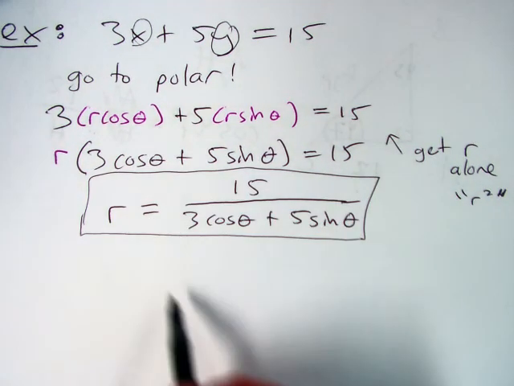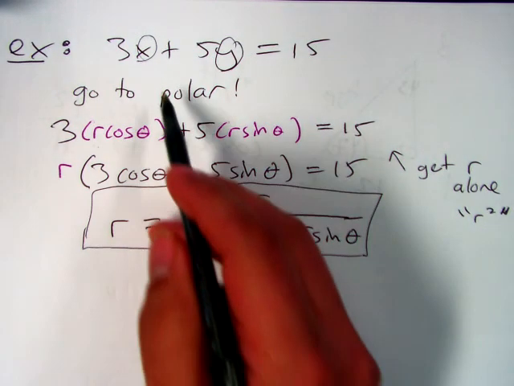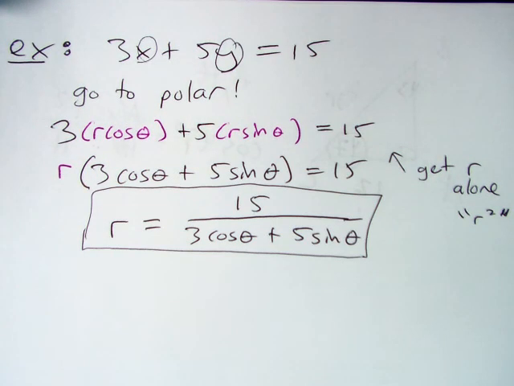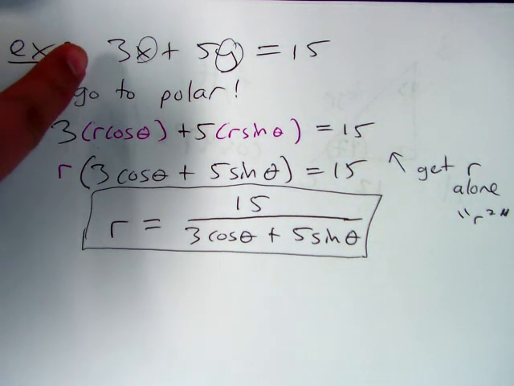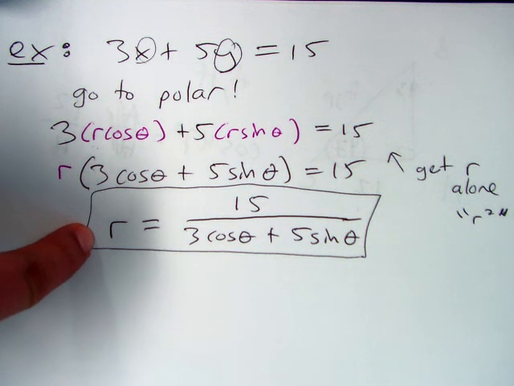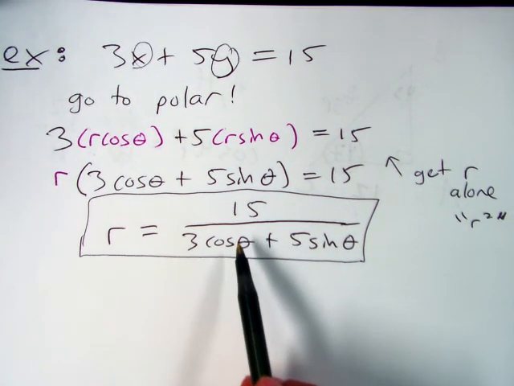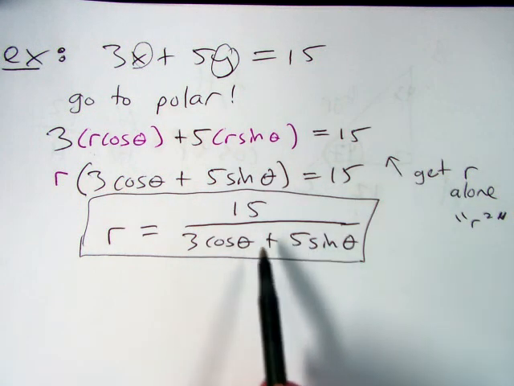This is now the polar equation equivalent of the rectangular equation, which is a line. Both of these will be a line. If you were to graph this on your calculator in function mode, you get the line. If you graph this in polar, you'll get the exact same picture.